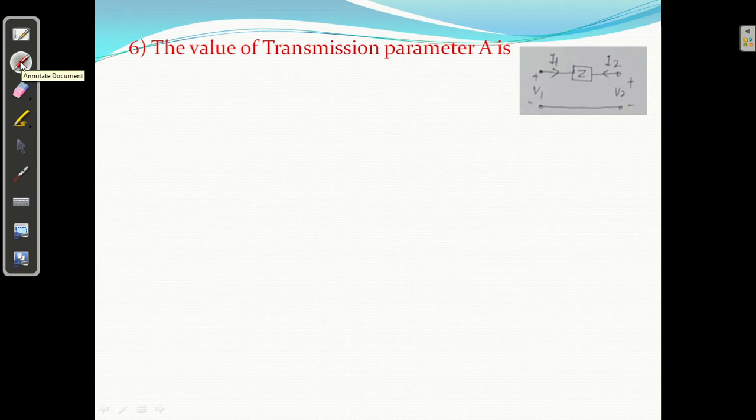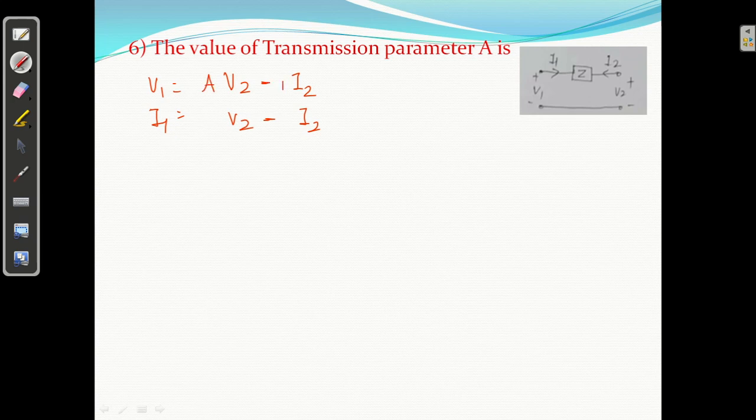The value of transmission parameter A. Okay, A. Chalo theek hai. V1 and I1 are equal to expressions in terms of V2 and I2. There is a minus sign here. V1 equals A V2 minus B I2, and I1 equals C V2 minus D I2.